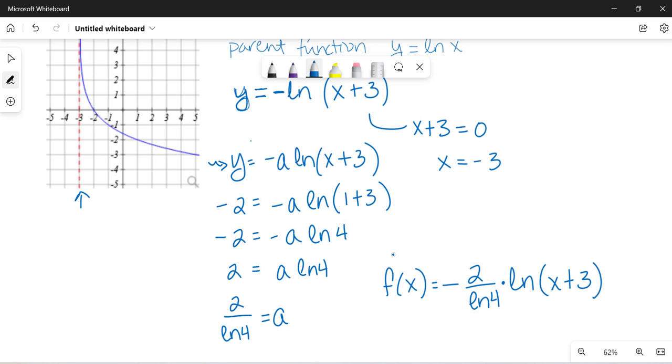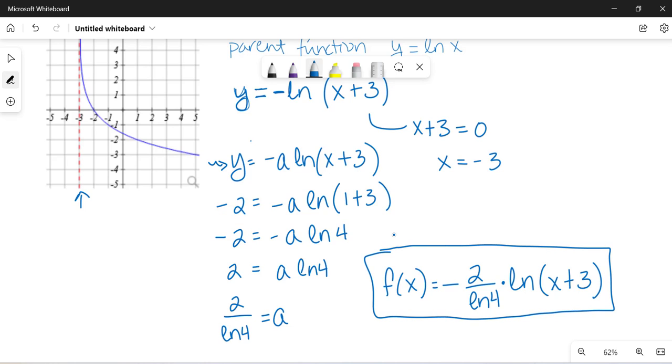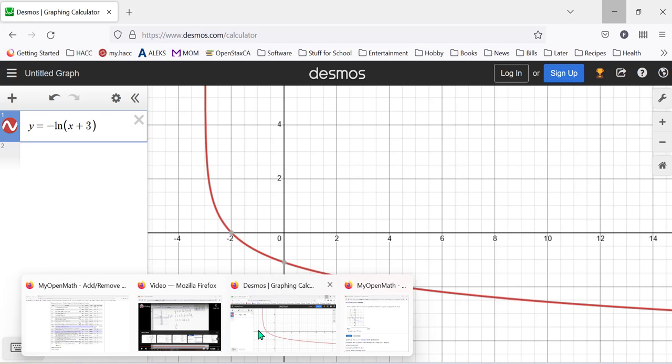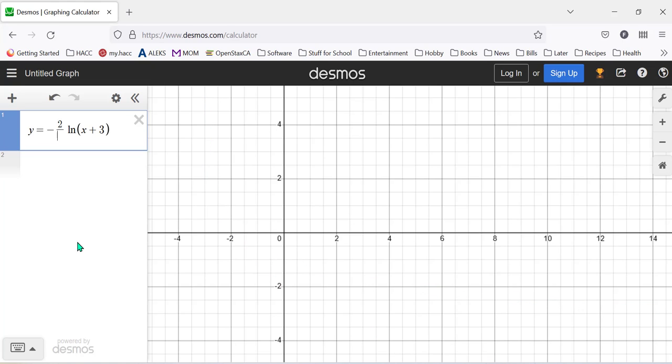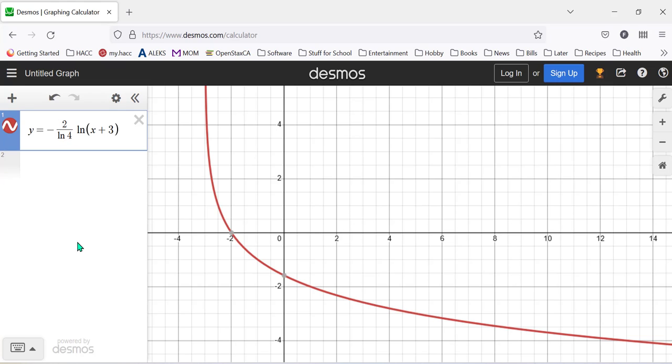And that ought to be it, but if you want to make sure, you can put this into Desmos. So we said 2 over ln 4. And now, when we plug in 1, it is indeed, there it is, 1, negative 2.